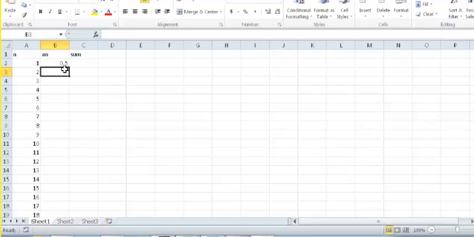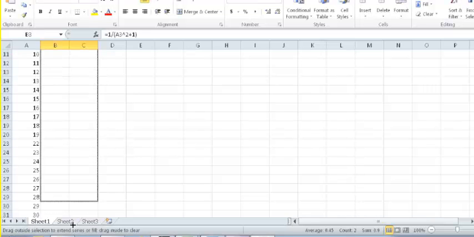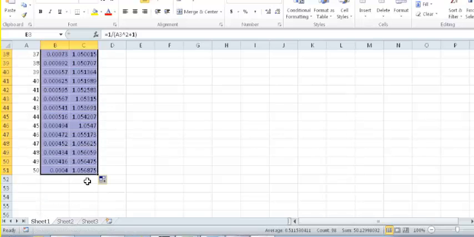Okay, so copy that down to there, and the sum is the first term, and then the second term is the first term plus this term, and then we can copy it all the way down to the bottom. And so I get the answer is 1.056 something. It doesn't converge quite as quickly as the other one did, but at least we can see it's 1.05 something.